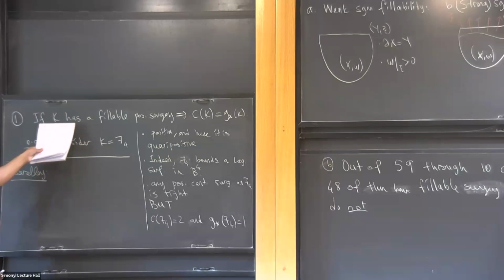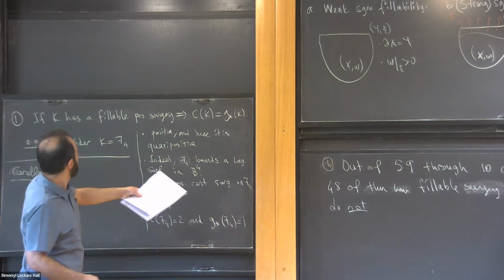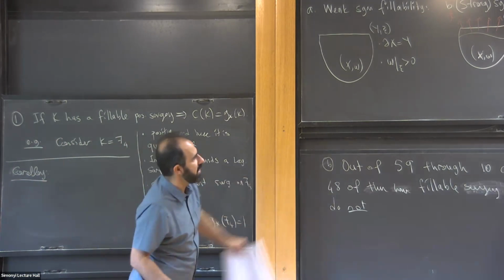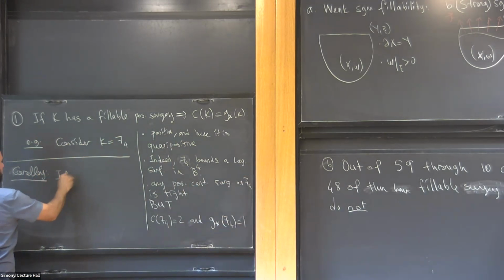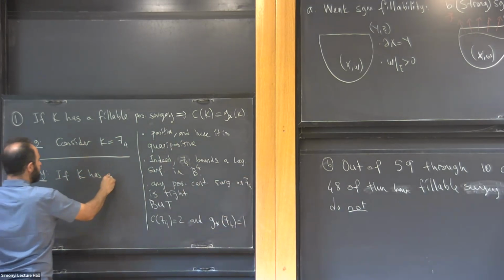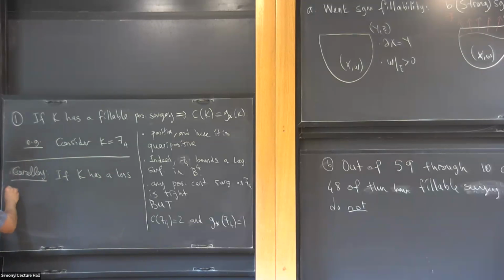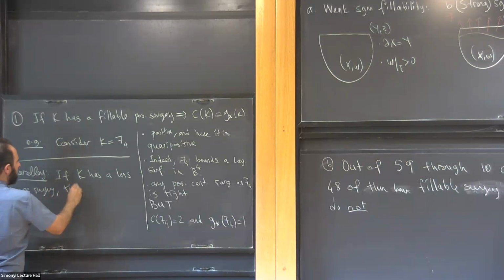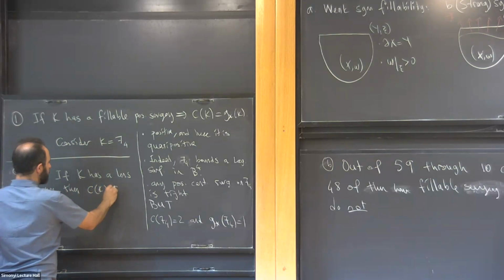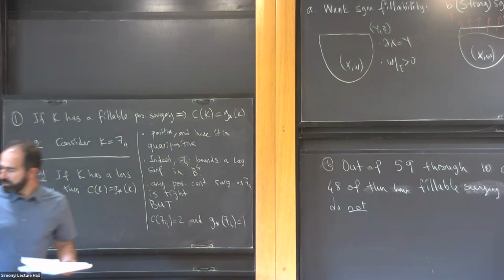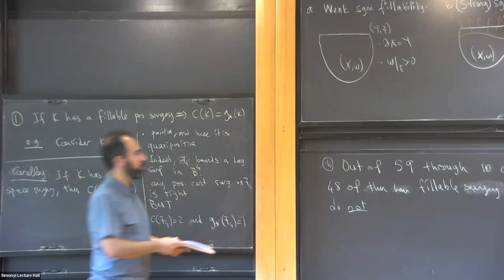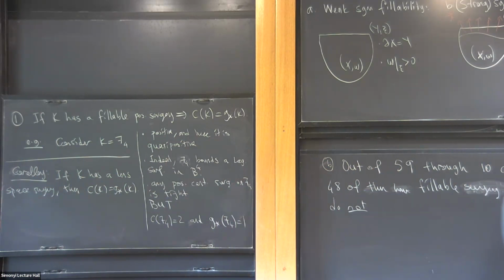That combined with this result here says that if K has a lens space surgery, then C of K must be equal to the slice genus of K. So this is the topological consequence of our work. And as I said, I really don't know any other proof of it.